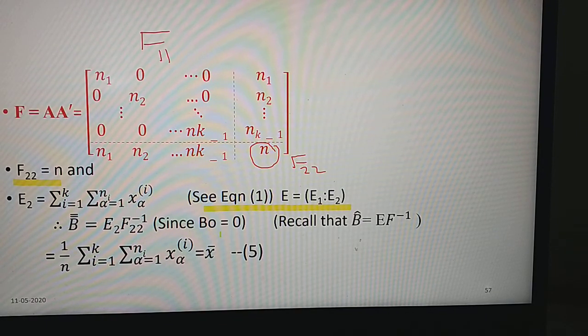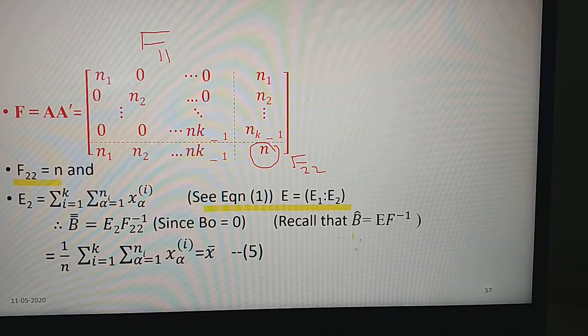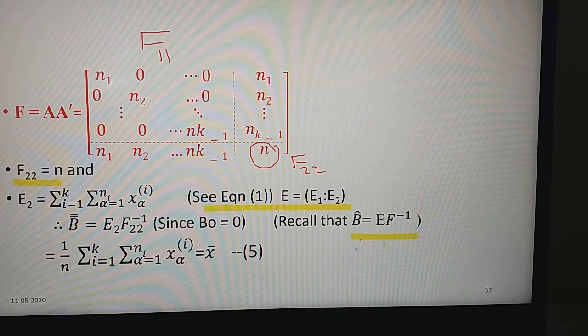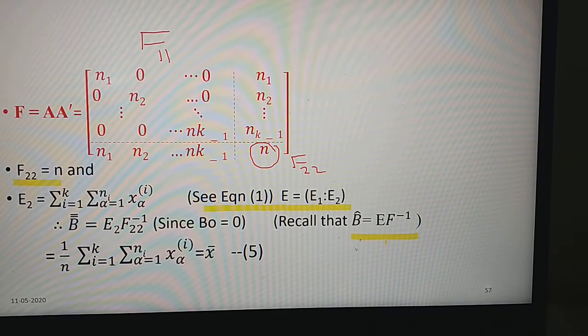Since in our null hypothesis B1 is equal to B naught, where B naught is the zero matrix in the multivariate analysis of variance, we will obtain B double cap as E2 F22 inverse only, because recall that our B cap was E F inverse. At the beginning of the theorem we obtained the maximum likelihood estimates of B and sigma in testing the general linear hypothesis.